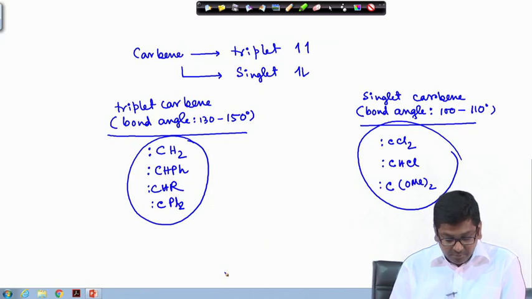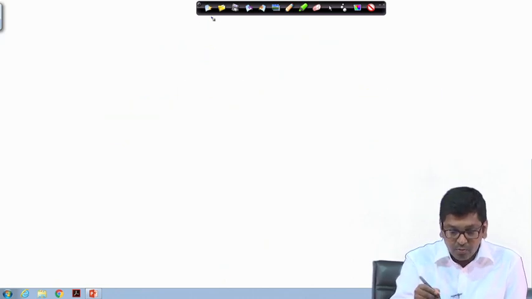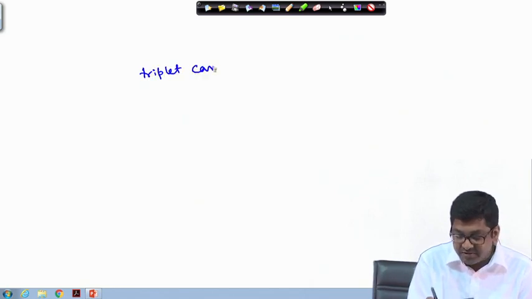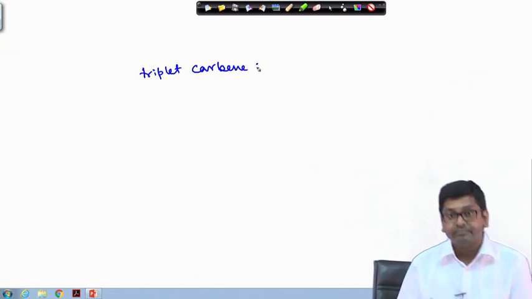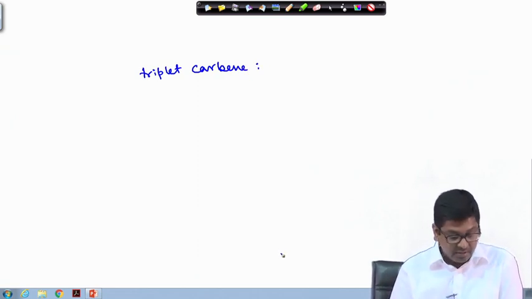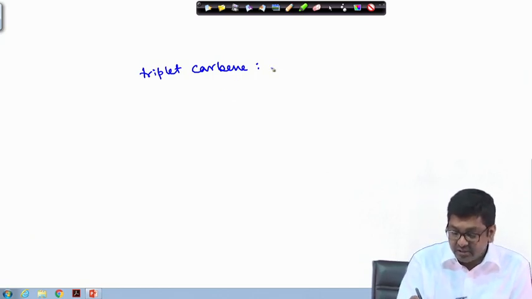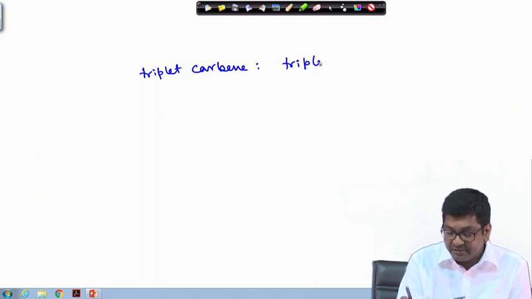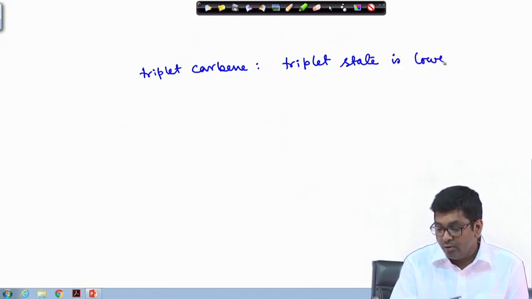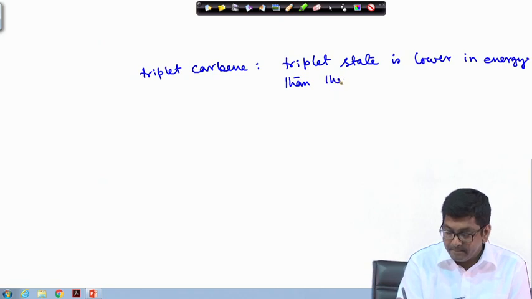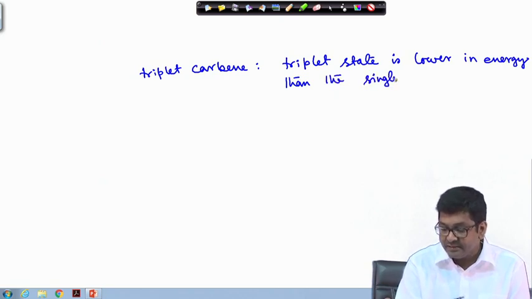If something is a triplet carbene, it means the triplet state is lower in energy than the singlet state.